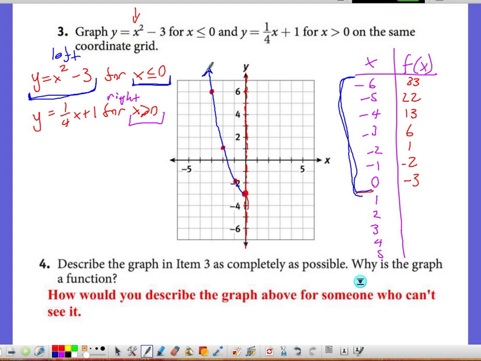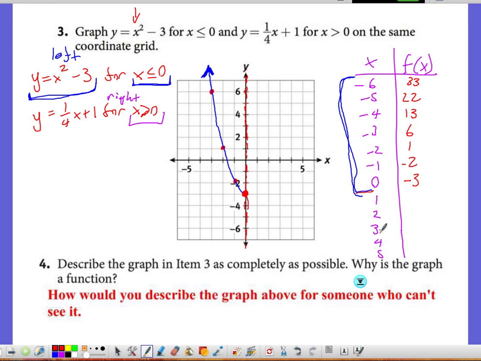So we draw an arrow, which means that we can continue plotting points, finding our input and getting our output. But notice, once it hits that wall, we have a closed circle. How do we know we have a closed circle? Because we have less than or equal to, which is the domain restriction of the function that we just graphed. Alright.